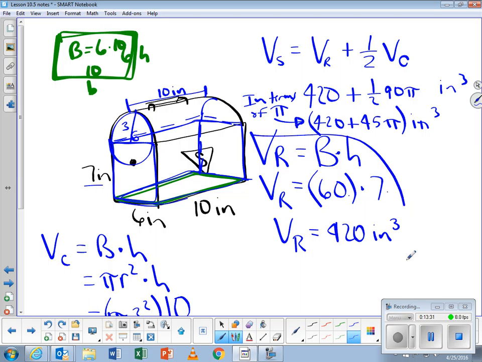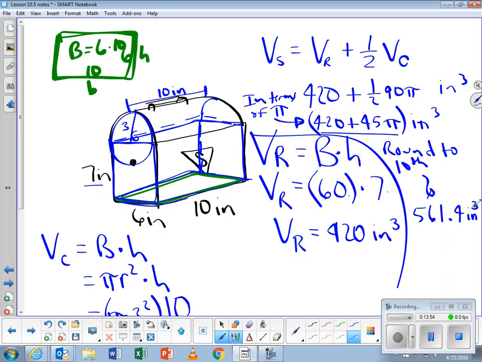If they said round to wherever, we'll say tenths, then the answer would be, plug this in your calculator, what's 420 plus 45 pi? 561.4 cubic inches, or inches cubed. Okay? That would be my answer for volume. Any questions on that?